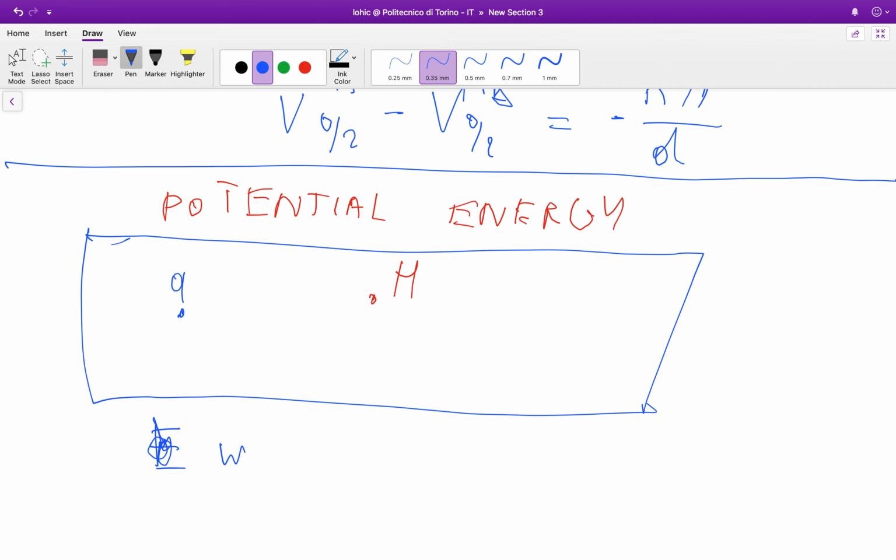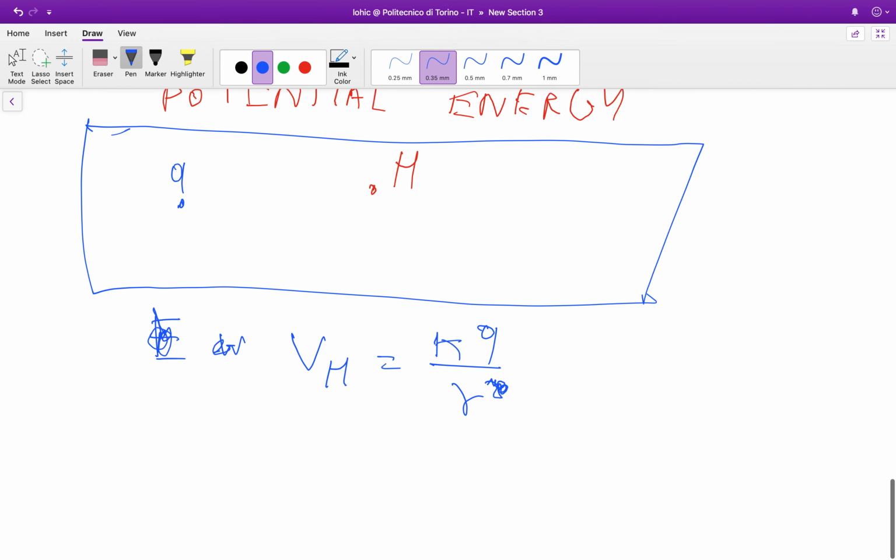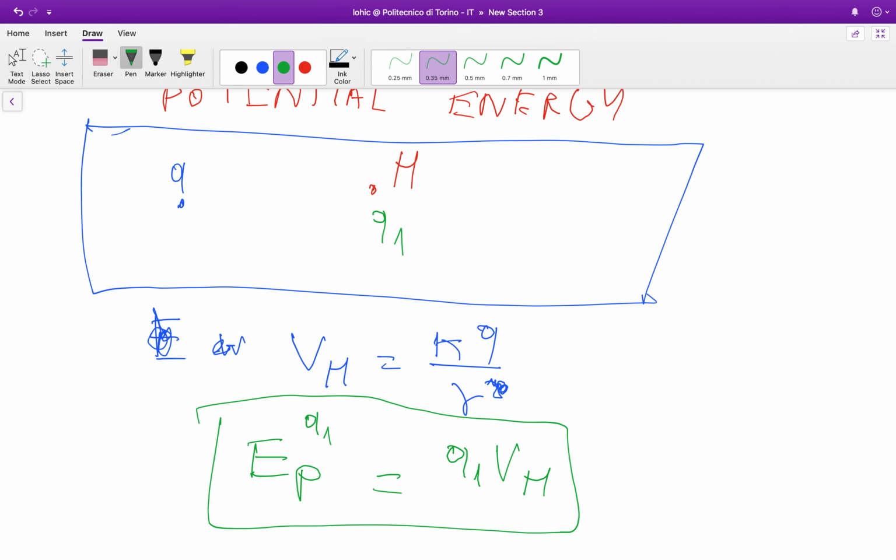So the potential at H will be, as we said many times, K times Q divided by R. Now by definition, if you put some charge Q1 at H, the electric potential energy of the charge Q1 will be exactly Q1 multiplied by the electric potential at H. You understood the point?